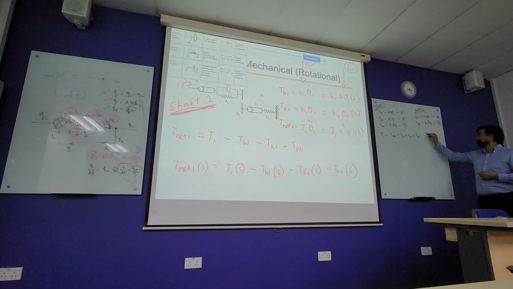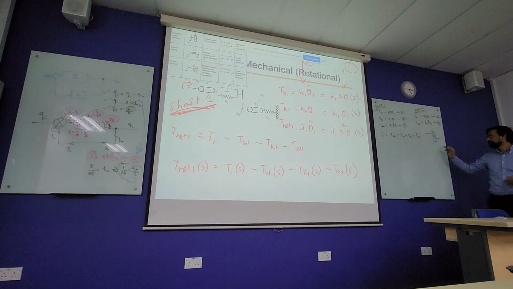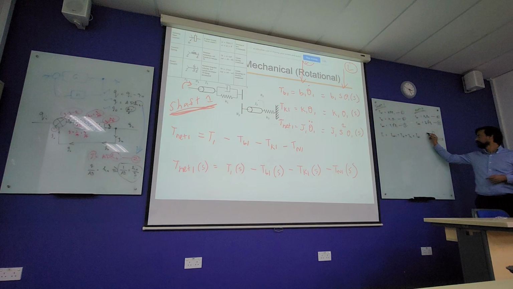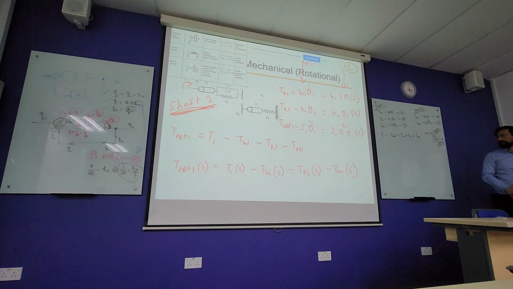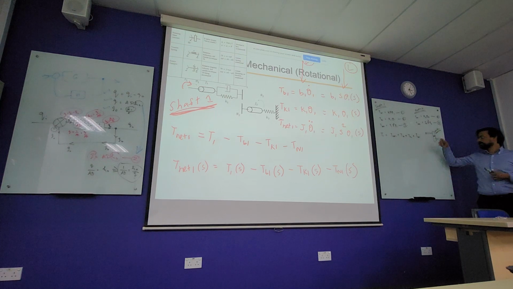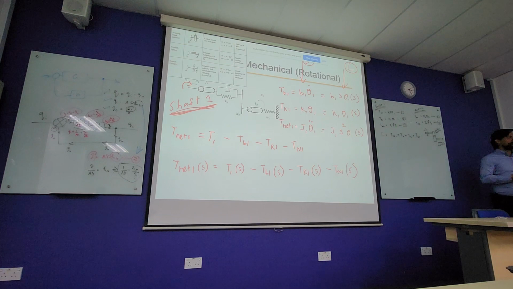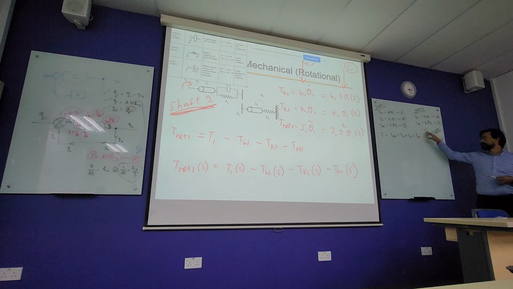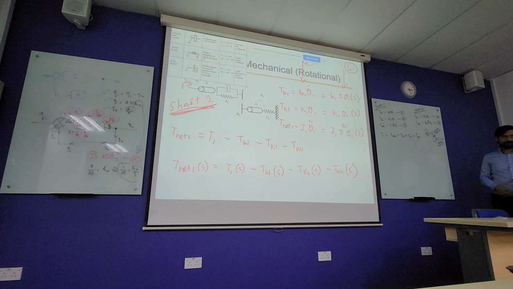So shaft 1 is connected through a gear to shaft 2. The two shafts are connected using a spur gear or any kind of gear, which transmits the rotational motion or torque from shaft 1 over to shaft 2.